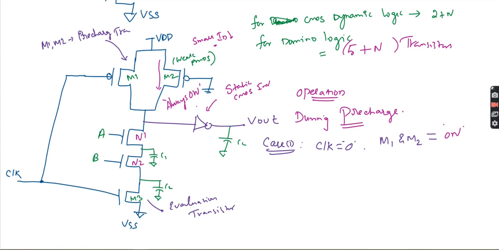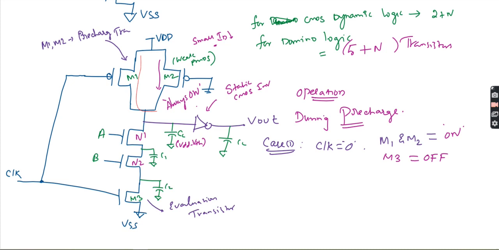When M1 is on, irrespective of the input AB, M3 is off. When M3 is off, what will happen? VDD will go over there. Then we have one more capacitance here, also a load capacitance, internal capacitance. So this capacitance will be charged, from VDD minus VTH, and VDD will be charged fully over there.